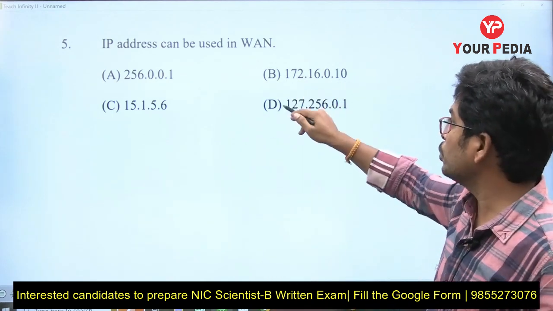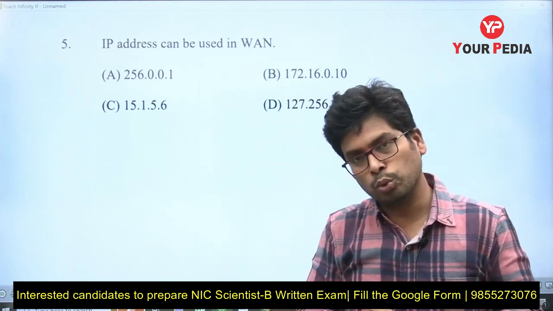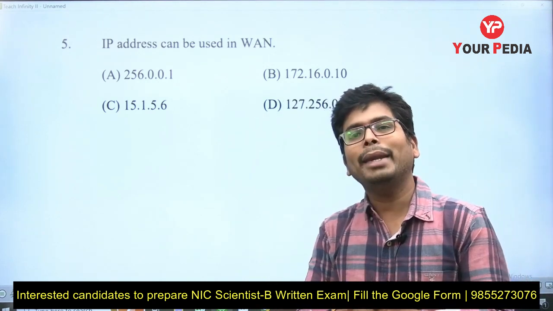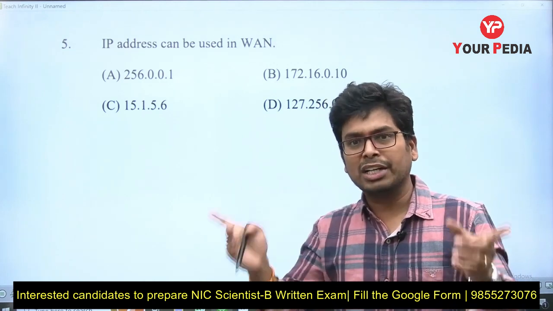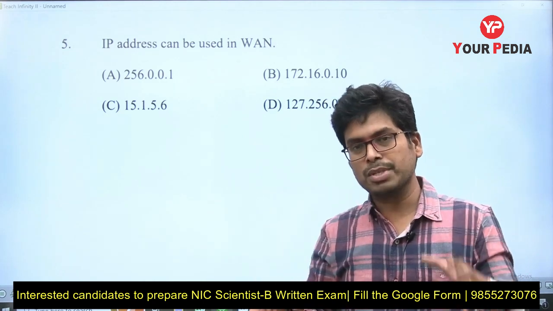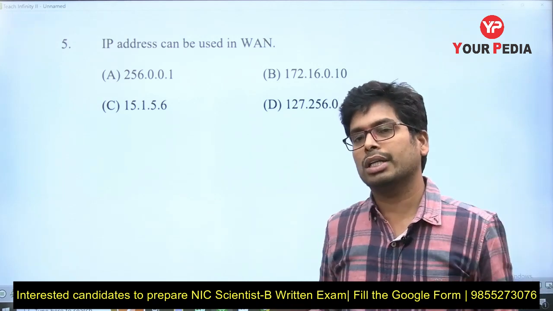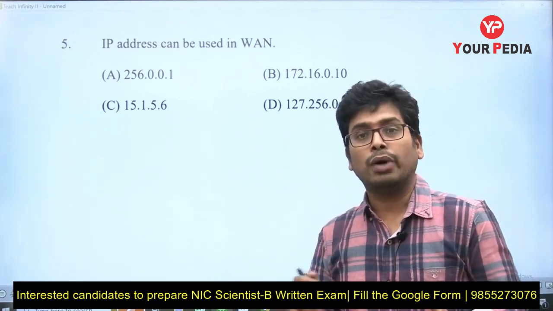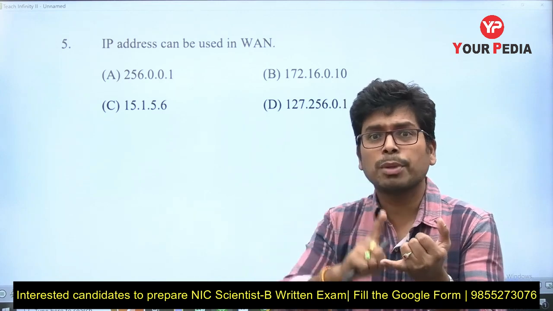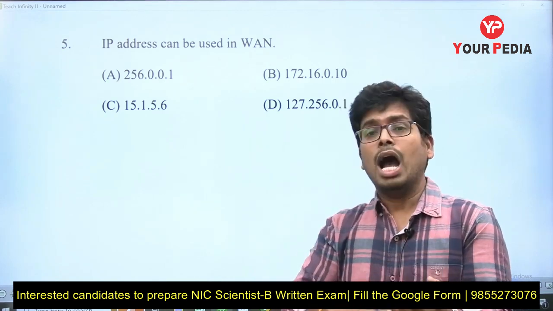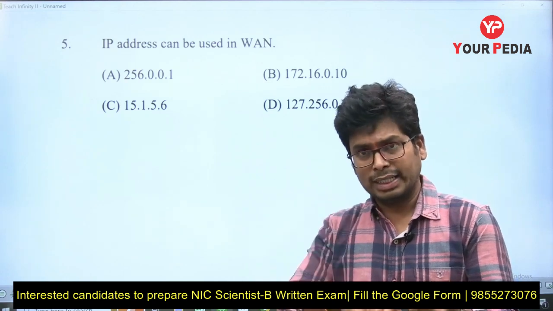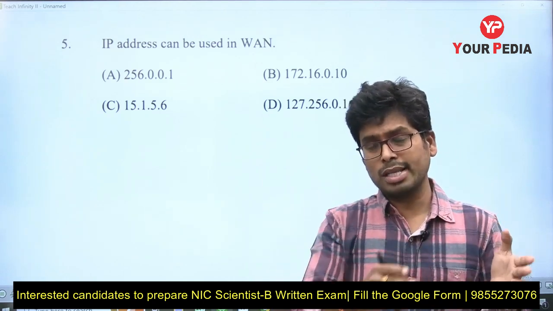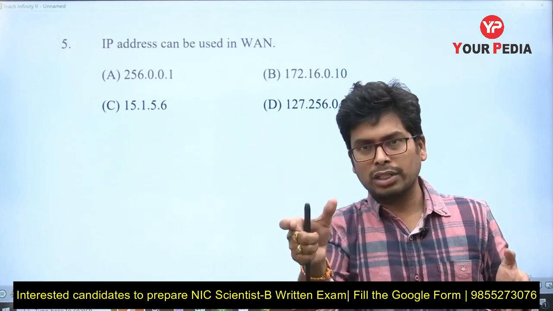IP address can be used in WAN. Mostly we will use category C only. Wide area networks are the networks which are used to establish the network in the internet for the systems which are located in any organization or institution. To find out which ISP provider is providing the network, and from which network they are getting the data, we need 3 octets for network.